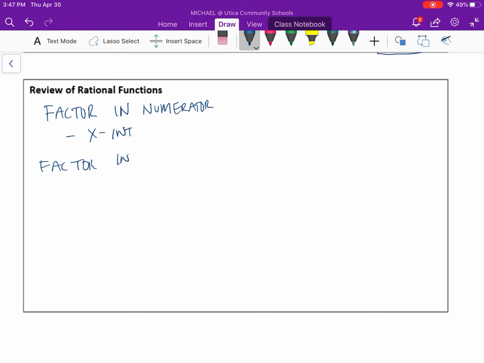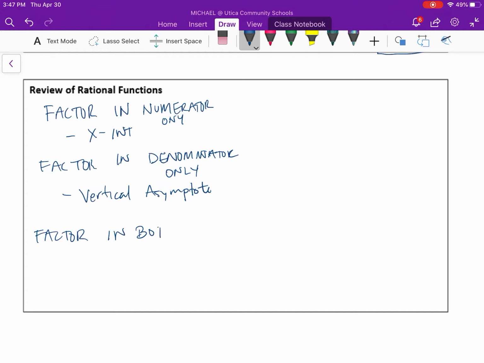If I have a factor only in the denominator, then I have a vertical asymptote, and if I have a factor in both, that's when I have a hole. So, that's all of our points over there.